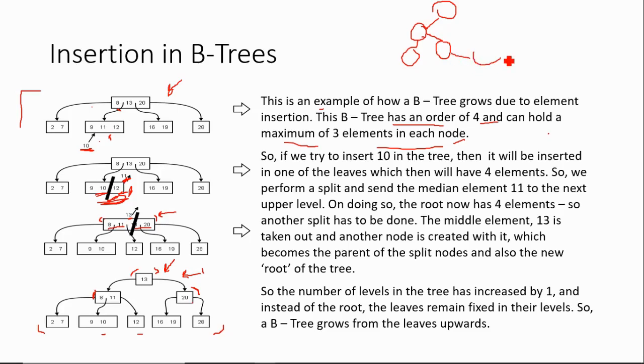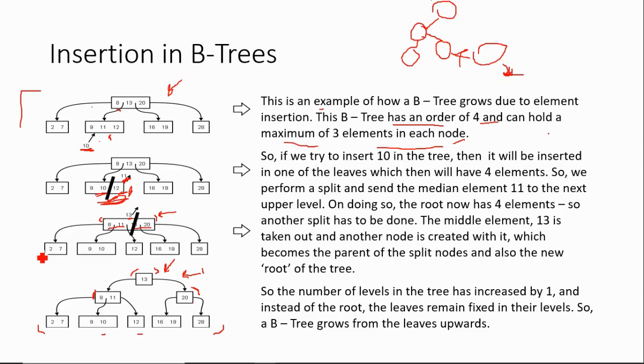So we say that a BST grows from the top, downwards through the leaves.